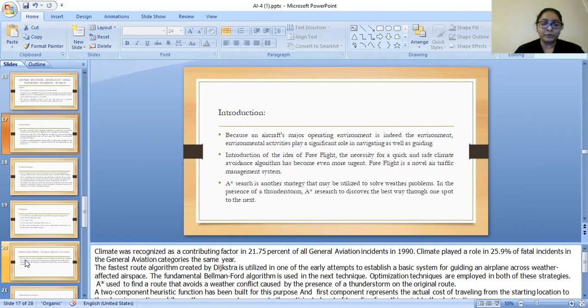A two component heuristic function has been designed for this purpose. The first component estimates the cost of traveling from the starting location to the place in question, while the second component estimates the anticipated cost of traveling from this point to the destination.